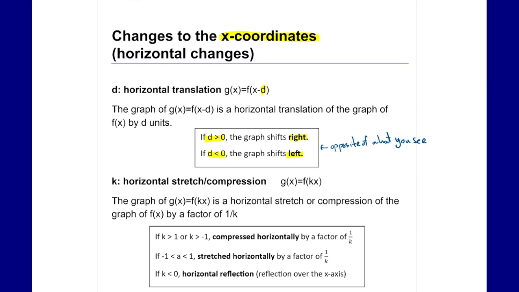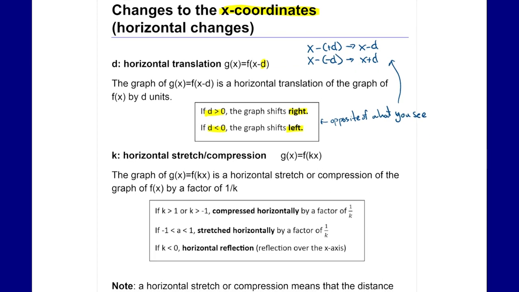If you see a positive d, that means you're minusing a positive. If I had x minus negative d, that becomes x plus d. And if I had x minus a positive d value, that becomes x minus d. So it's the opposite of what we see.